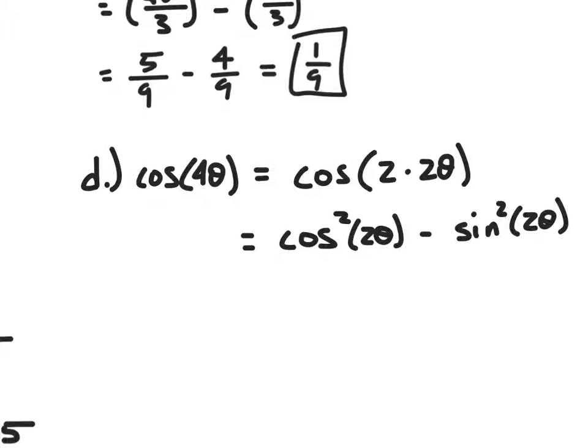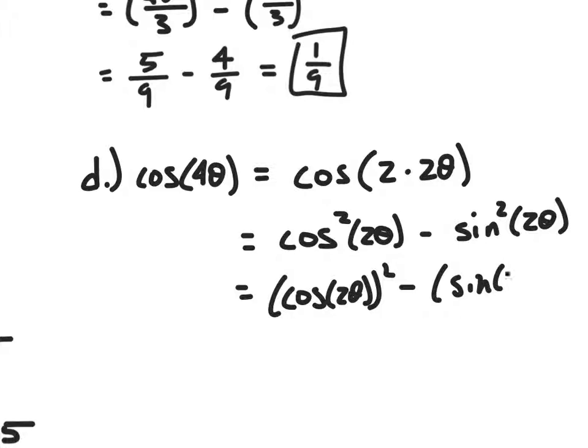Okay, and we've already evaluated cosine of 2 theta and sine of 2 theta in this problem. So let me do the quantity cosine of 2 theta, that thing squared, minus the quantity sine of 2 theta, that quantity squared. All right.